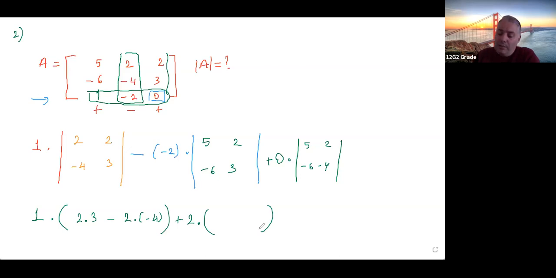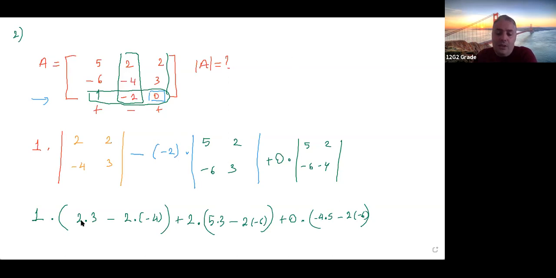I will multiply the diagonal members, which is 5 times 3. You can do these steps in your mind, no need to write everything. Minus 2 times -6. Plus 0 times something, but no need, to be honest. But if you wish, write -4 times 5 minus 2 times -6.